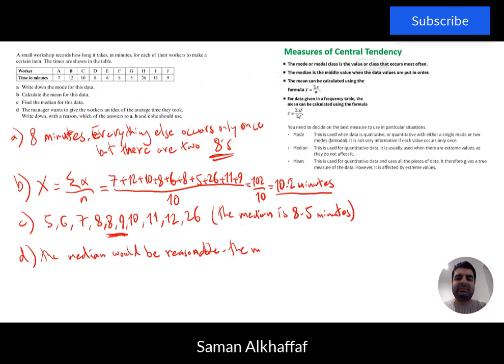The mean is affected by the extreme value of 26.